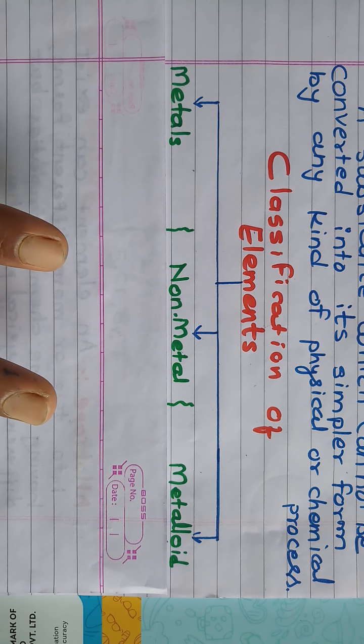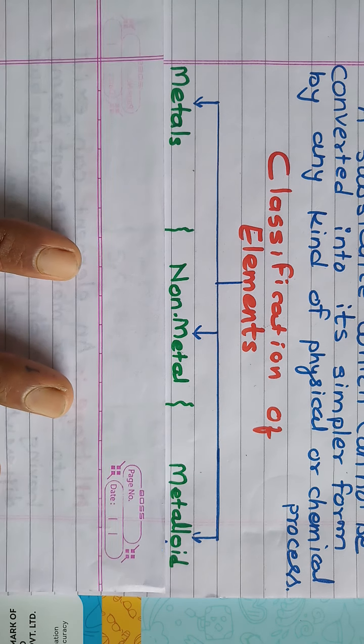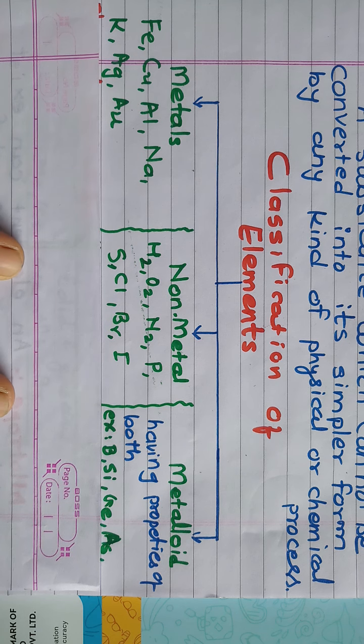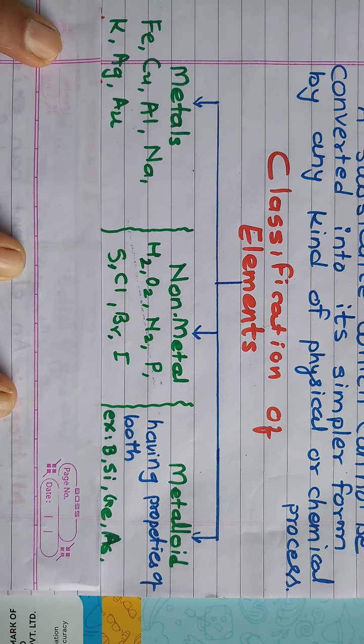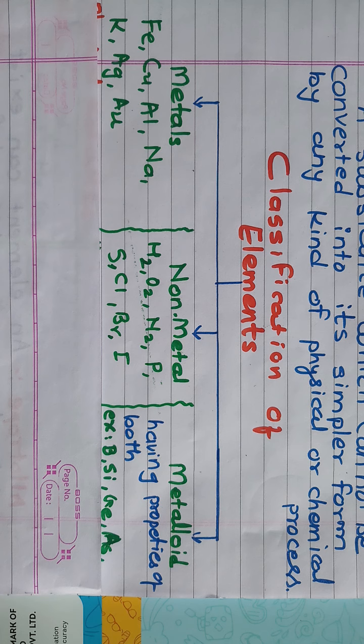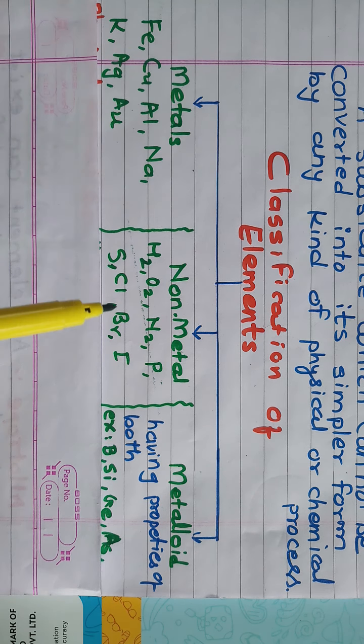We all know examples of metals like iron, Fe, copper, Cu, aluminium, Al, sodium, Na, potassium, K, silver, Ag, and aurum, which means gold, Au. These are all symbols of metals.